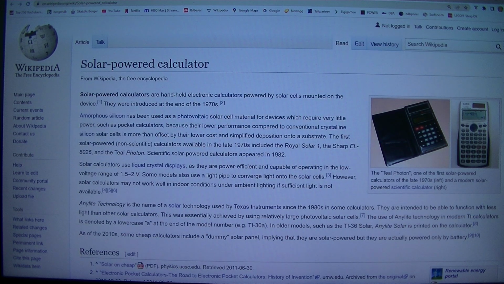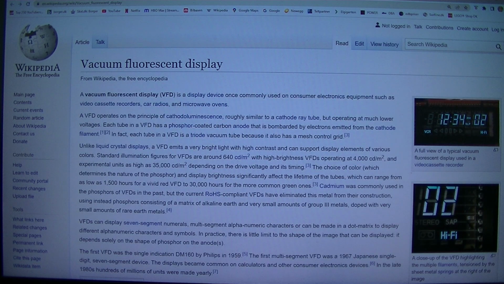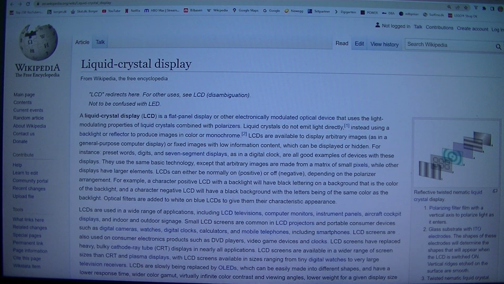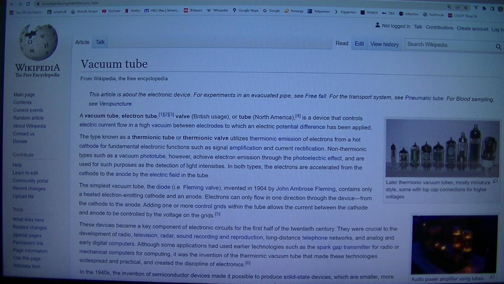Batteries, LED, solar powered calculators. Transistor, vacuum display. Vacuum tubes.